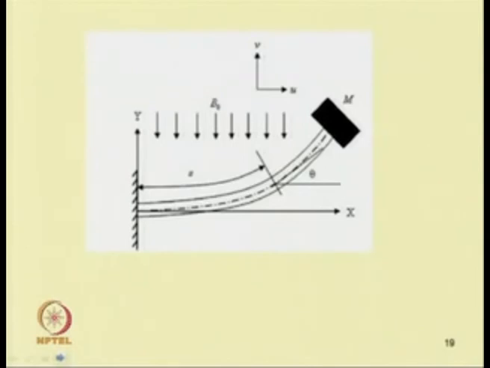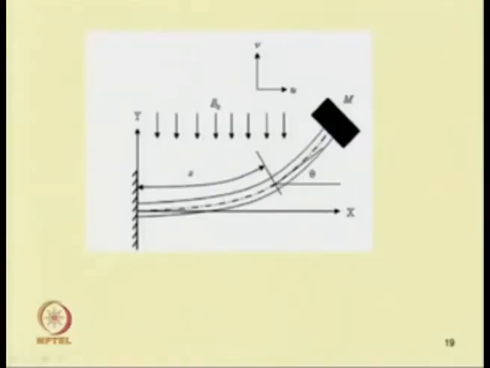As an assignment, one can take the same cantilever beam subjected to a magnetic field. In this case, how to determine the equation of motion? One can consider the effect due to this magnetic field. If one takes a small element on this beam, and the beam is a conducting or magnetoelastic material, then it will be subjected to a magnetic load in the axial direction, and in addition it is experiencing a couple.